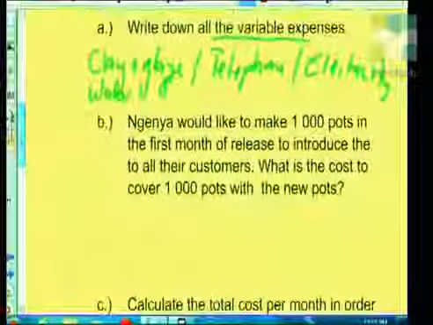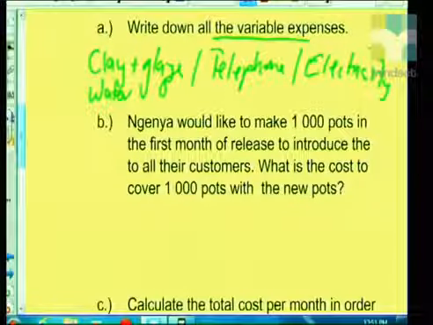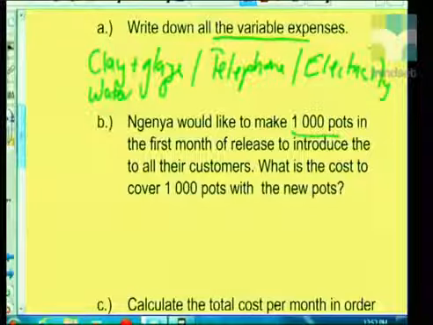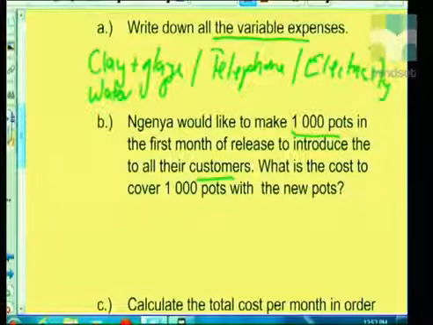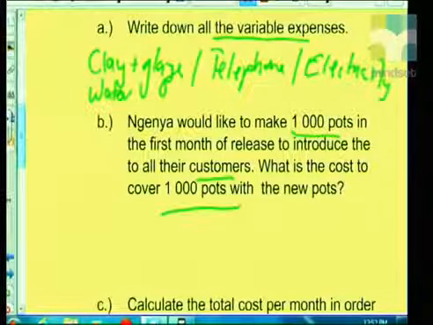Now, question B says, Ingenia would like to make 1,000 pots in the first month of release to introduce to all their customers. What is the cost to cover 1,000 pots with the new pots? So we're going to need to get the total cost of making 1,000 pots.